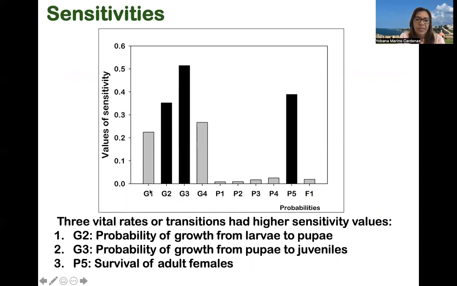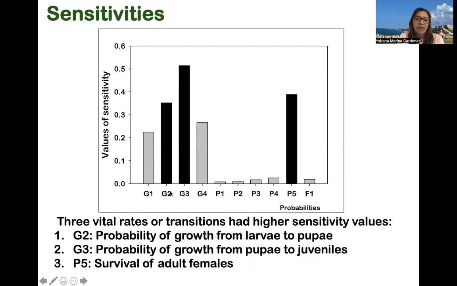G are the probabilities to survive and move into the next stage. And we observe that these probabilities were higher than the probabilities P that were the probabilities to survive and remain on the same stage. And here is P5, that is the survival of adult females.